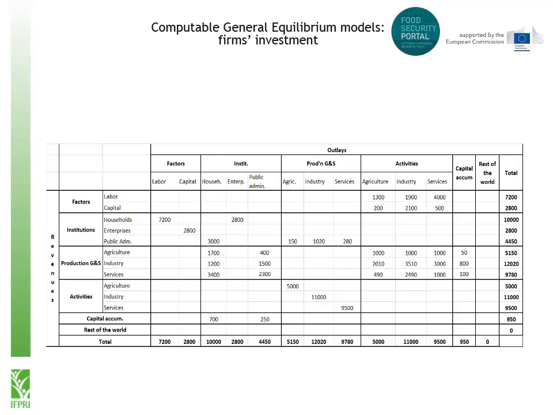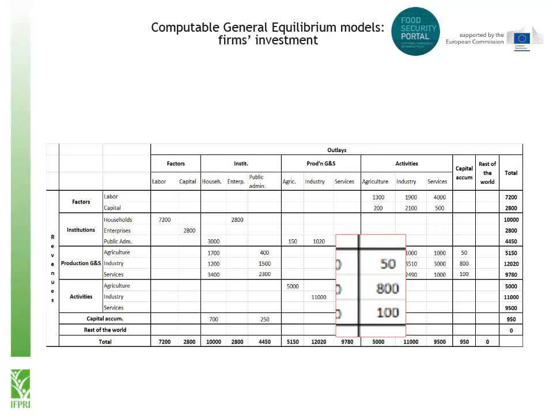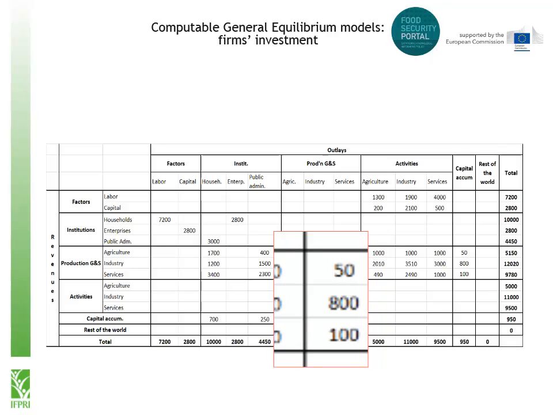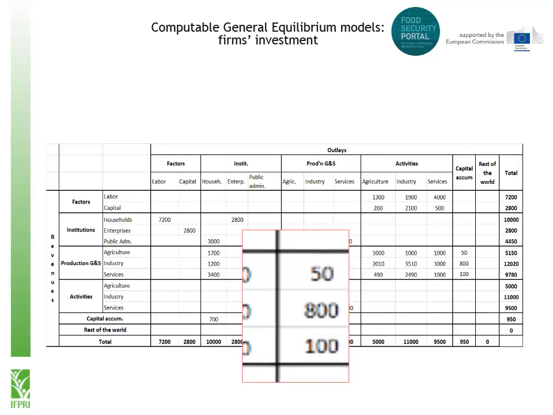And so with this capacity of financing, it is possible to finance investment by firms, which is a demand of capital goods, 50 in the agricultural sector, 800 in the industrial sector, and 100 in the services sector.